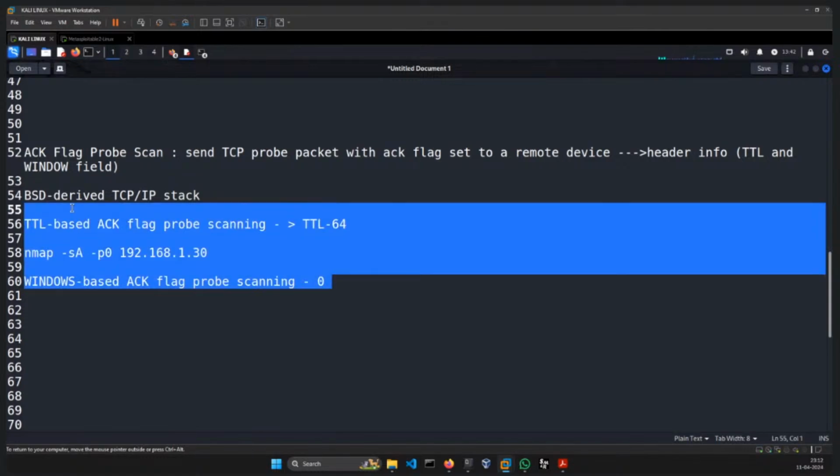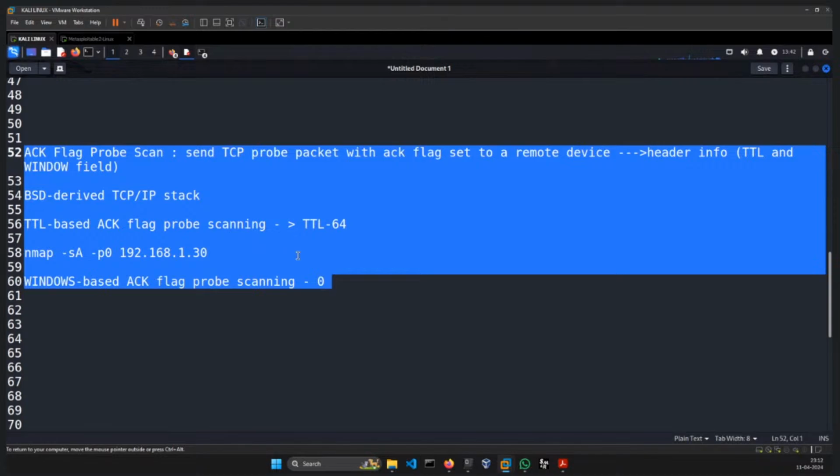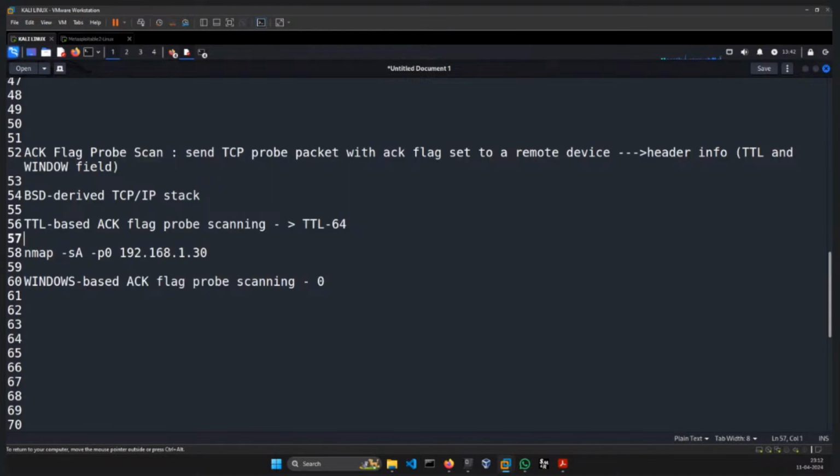These two are pretty advanced types of scans. Understanding these two is very important. Now coming to the next one, the advantages and disadvantages of this. Now the advantage is this type of scans can evade the IDS, evade IDS in most cases, right?